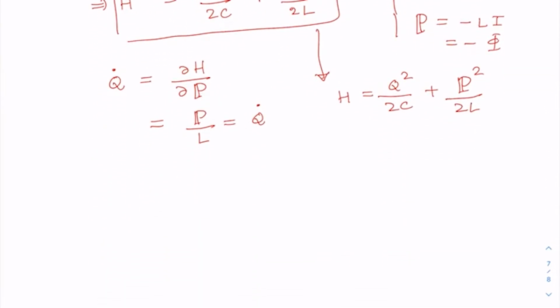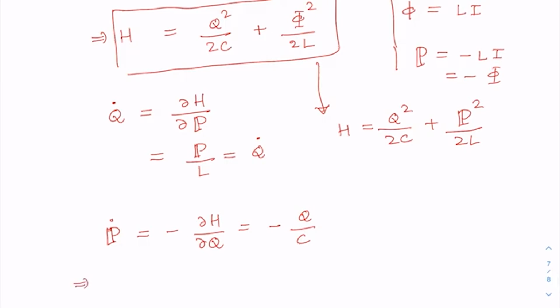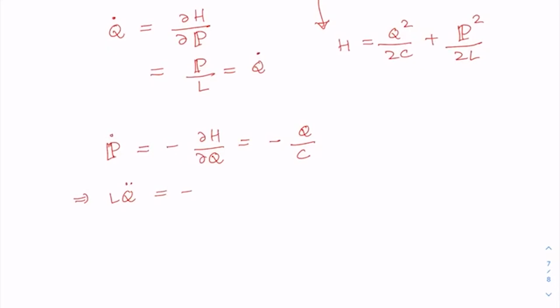And the other one, p dot is equal to minus del H del q, and from this Hamiltonian I will get minus q by C. Because p dot is equal to L q double dot, we get L q double dot equal to minus q by C. So we get the equation of motion, and quite clearly the correct equation of motion.